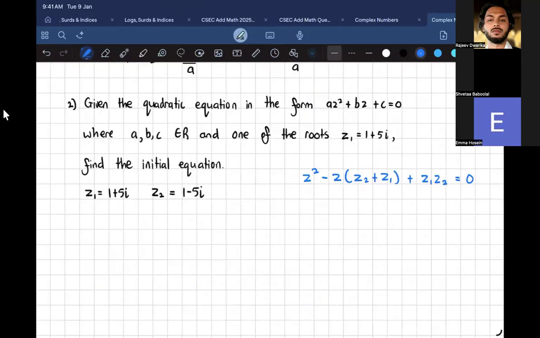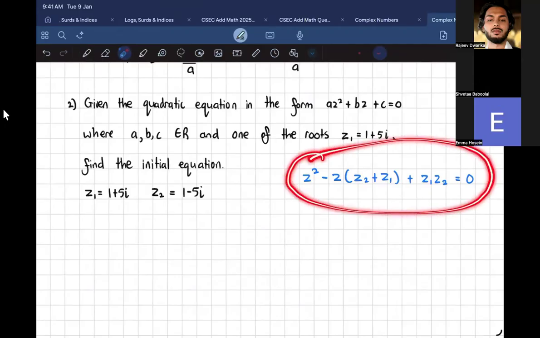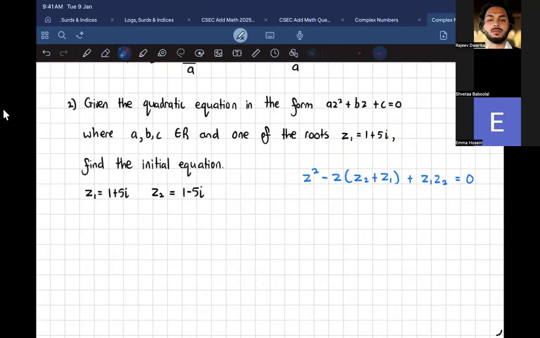And that's the same thing over here. So let's apply it. Let's find the sum of the roots first. Do you understand that Z2 plus Z1 is the same thing as Z1 plus Z2? Yeah. All right. So Z1 plus Z2 will just be equal to 1 plus 5i plus 1 minus 5i. What's going to happen here, Shweta?